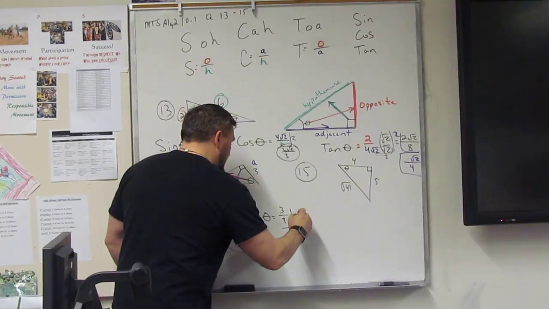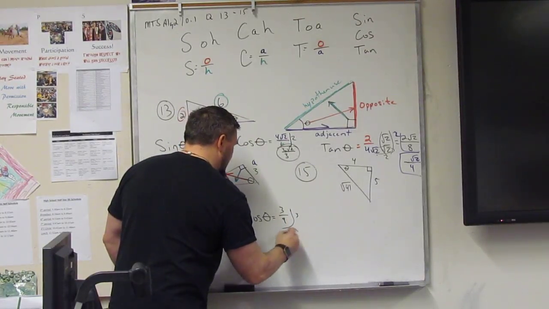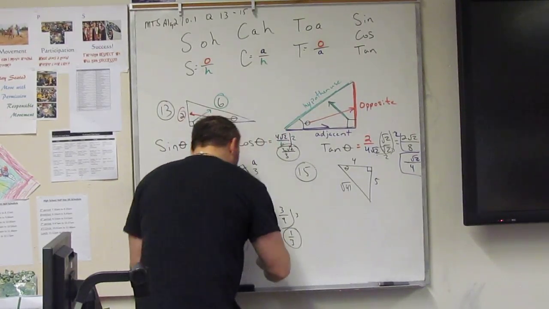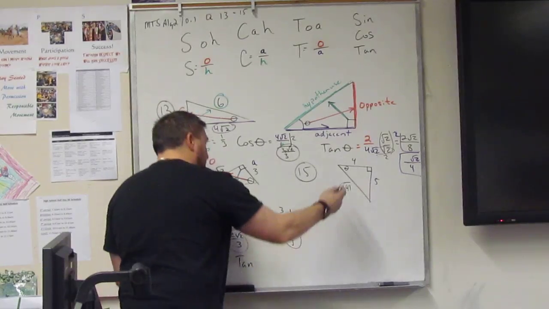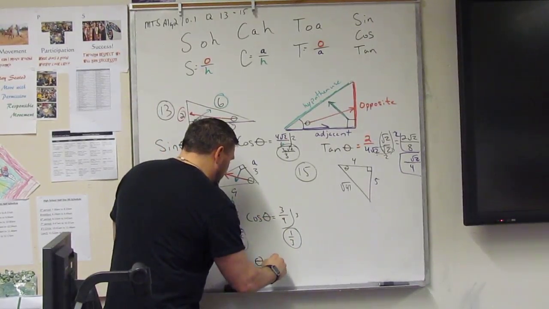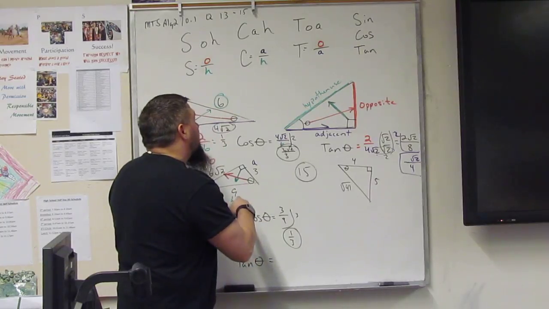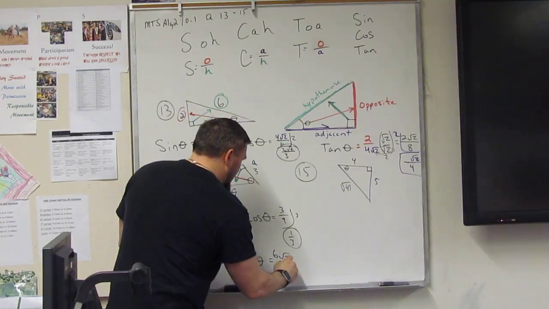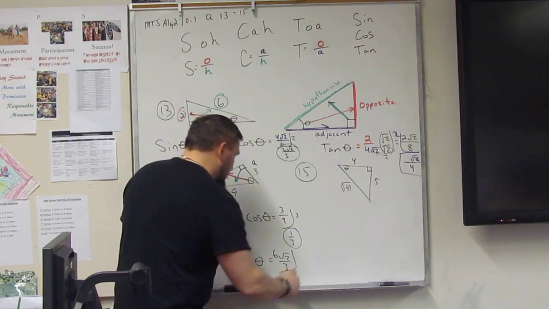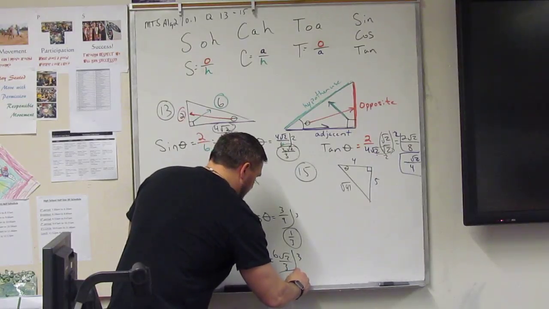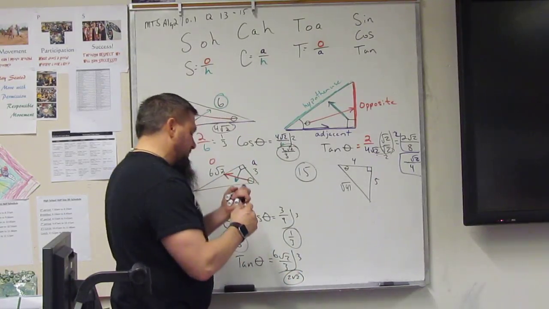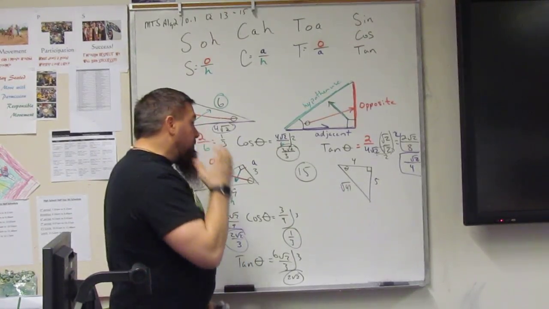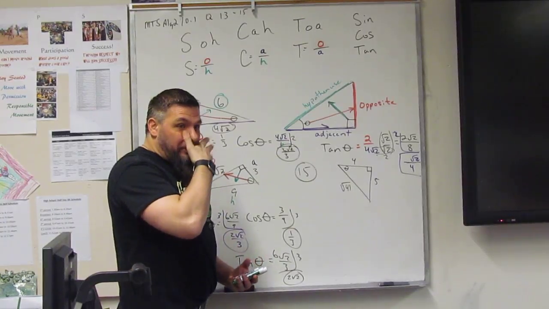In this case, 3, so 1/3. And then let's do tangent right here. So tangent theta is equal to O over A. So 6 square roots of 2 over 3. And then looks like 3 goes into there, 2 square roots of 2 times. So pretty simple. Straightforward.